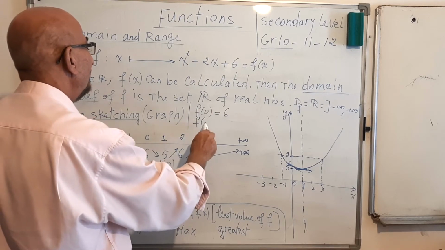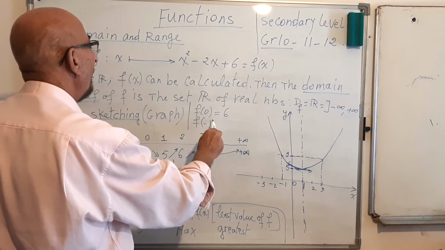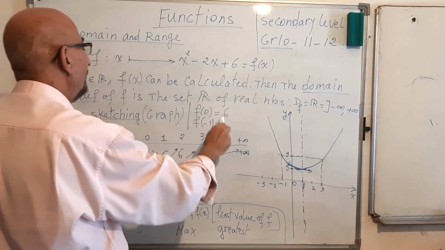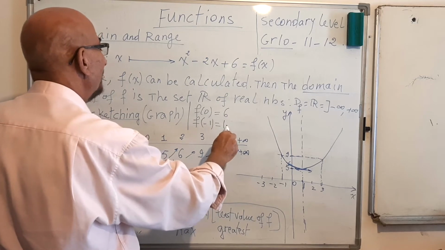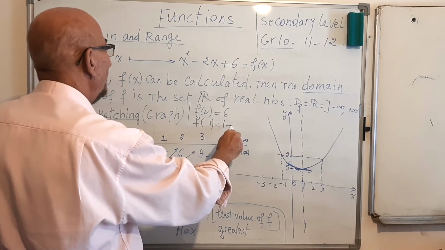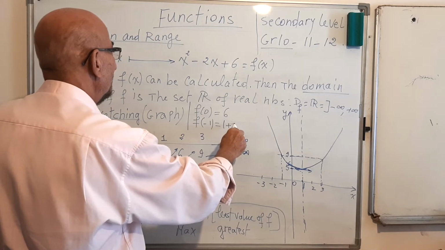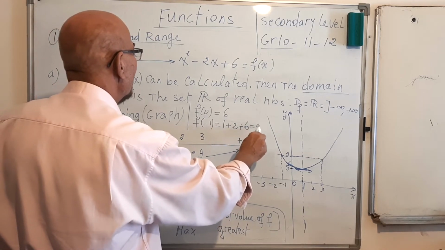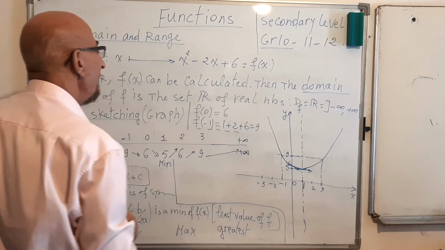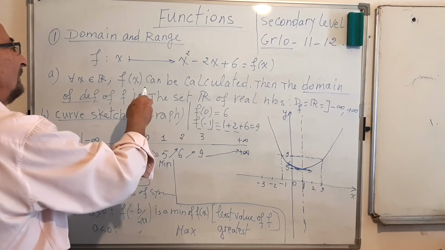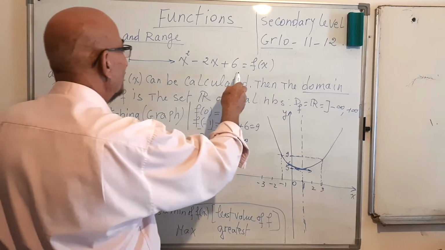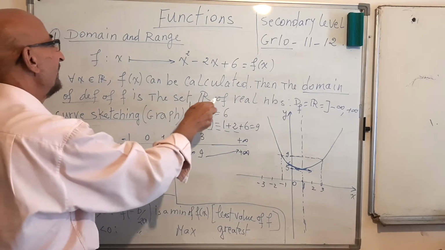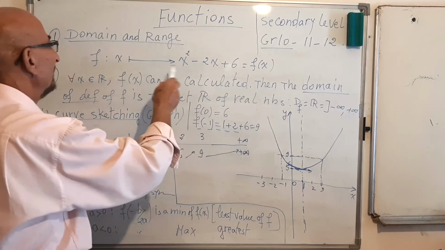For f of minus 1, we substitute x by minus 1: minus 1 squared, minus 2 times minus 1, plus 6, equals 9, etc. Then the domain of definition of f is the set R of real numbers.